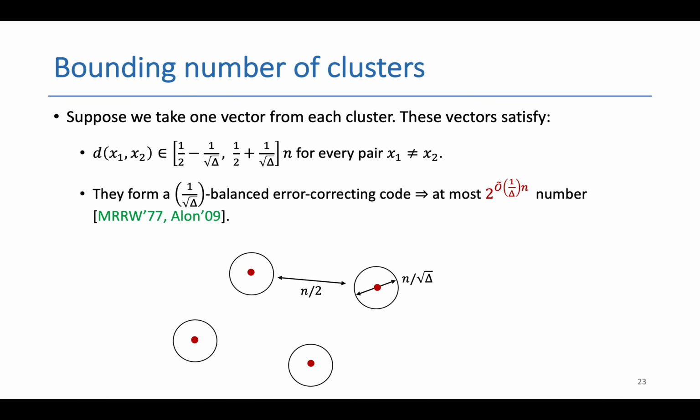Let's say we take one vector from each cluster, then all pairs of vectors in this collection that we just created must be pretty far apart. They must be pretty close to half far apart. In particular, their pairwise distances have to be at least half minus 1 over square root delta.